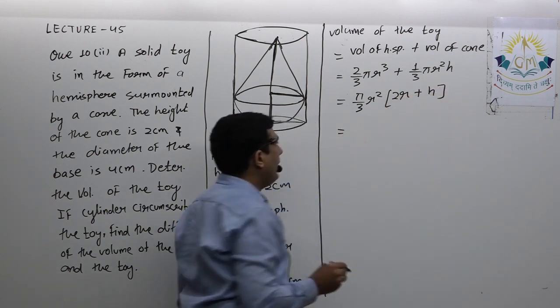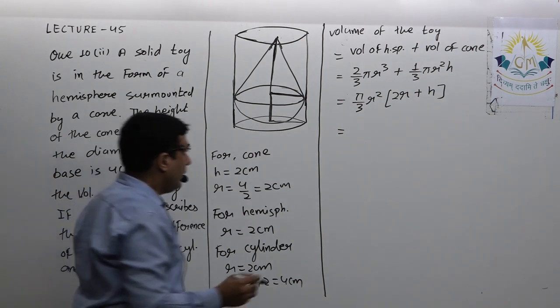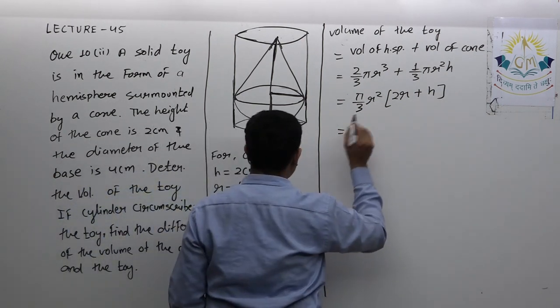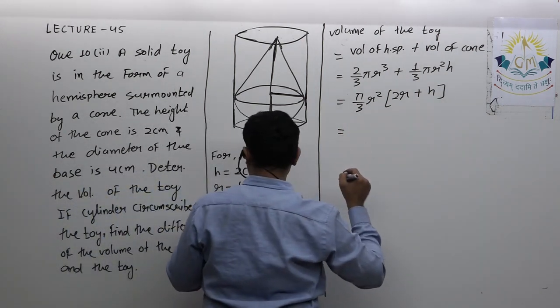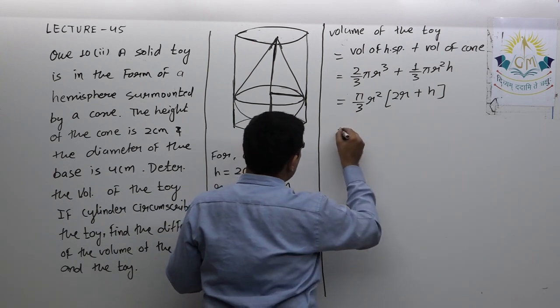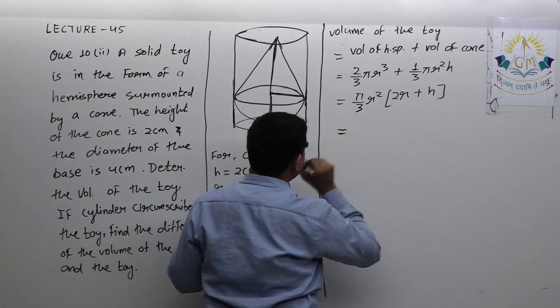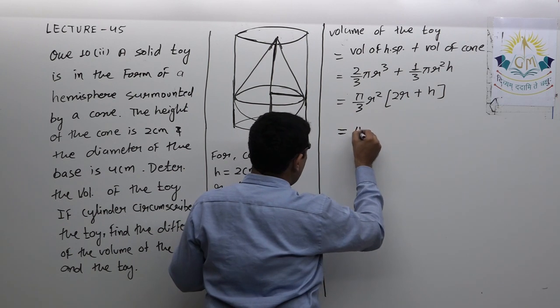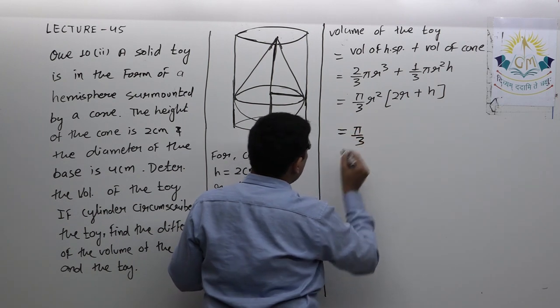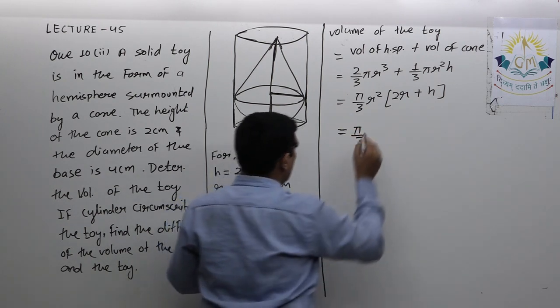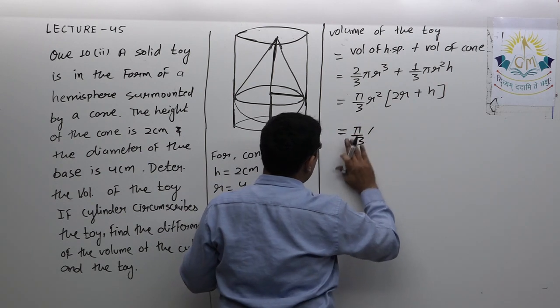So pi r square by 3 times (2r plus h). Now I will put the values, r is 2. Let me take pi as it is right now, then I will see whether it is divisible or not.